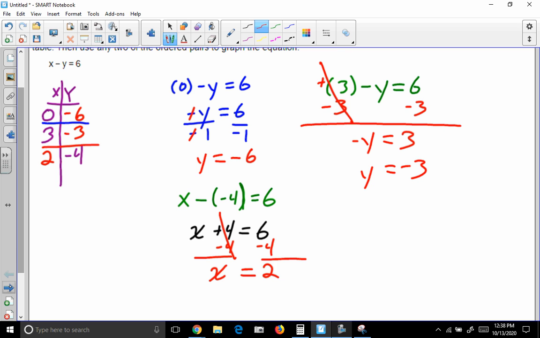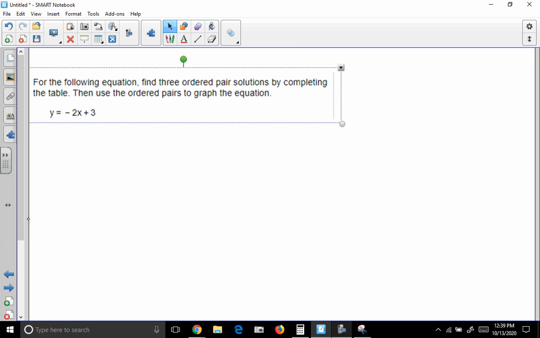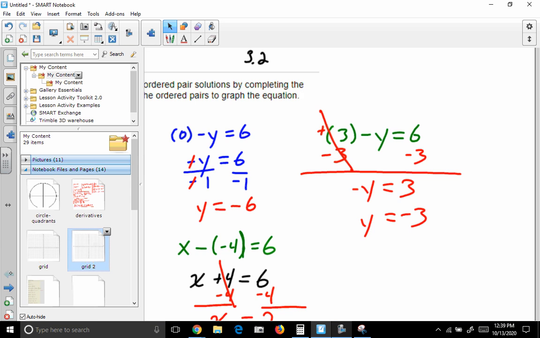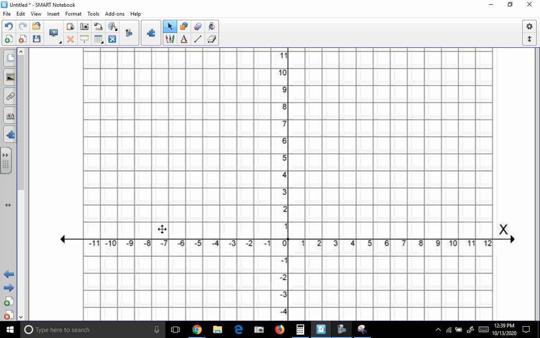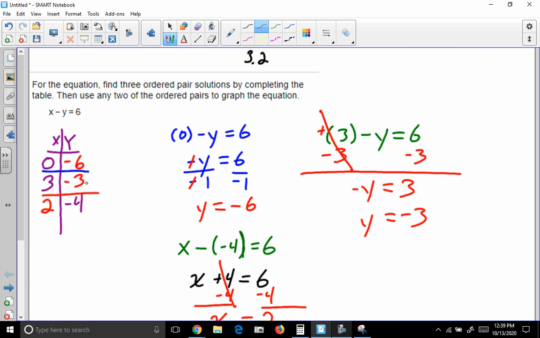So once we get that, then we can graph this. Here's the graph here. So if we plot these points, we have 0, -6. So 0, -6, we go left and right none, go down 6. 3, -3, we go over 3, down 3.